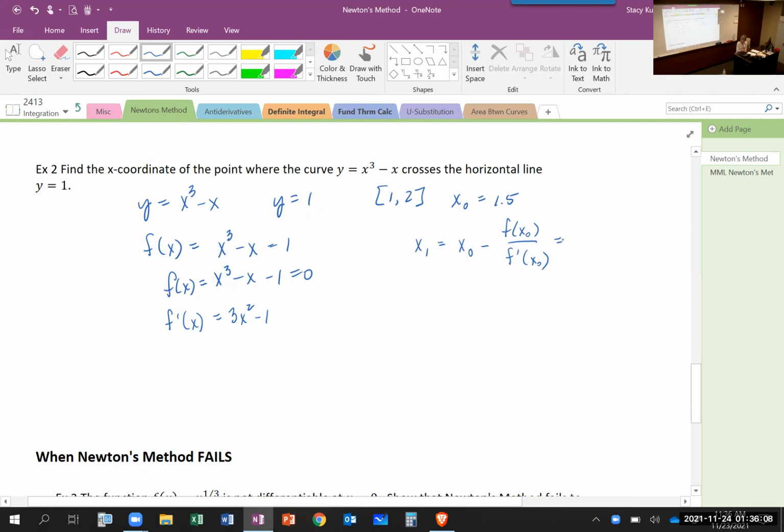And then we start repeating that process. So how many iterations do you have to go till you have 6 decimal places equal? See if you can find that solution.